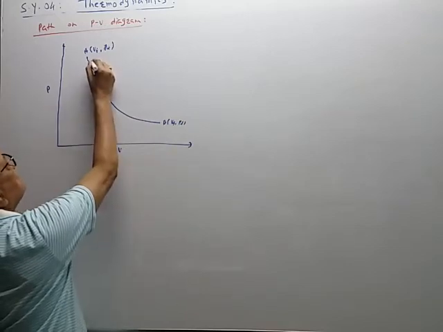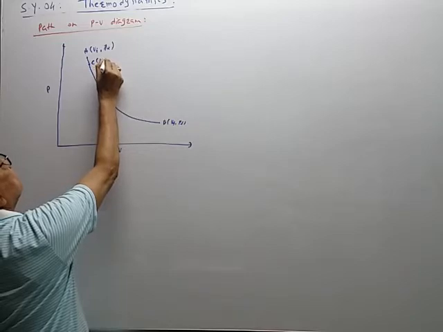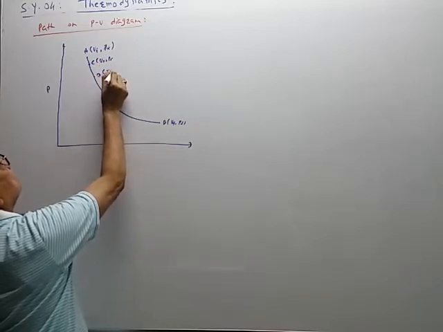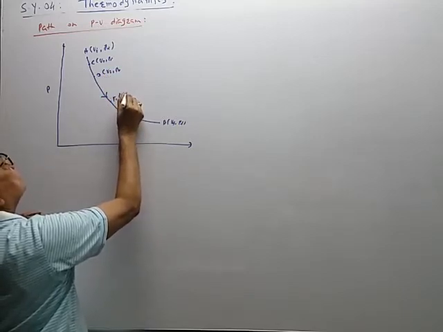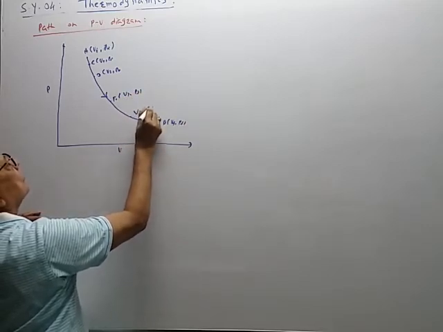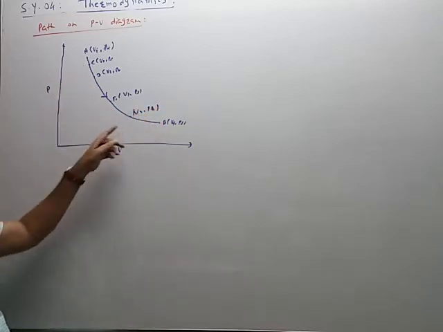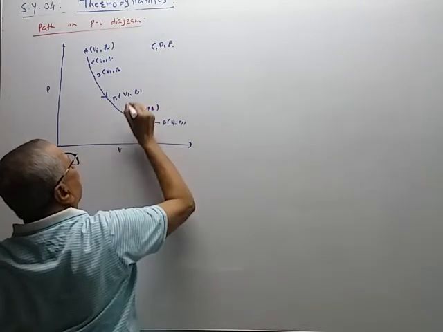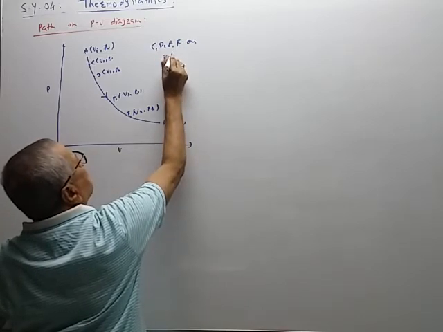For example, at this point C, the volume may be V1, the pressure P1. Here at D, the volume is V2, the pressure is P2. This is E. The volume is V3, P3, V4, P4, like this. So C, D, E, F are the intermediate stages.